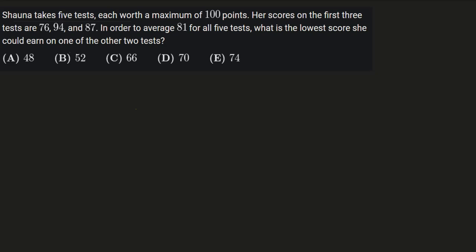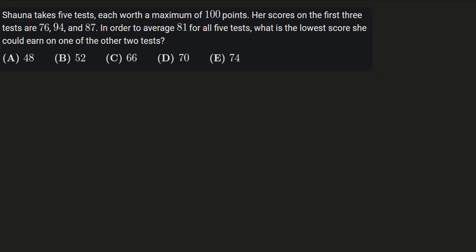The standard way sometimes can be a bit slower, but I still want to introduce it every time because in higher level tests like AMC8 and above, the standard way is normally more applicable than the general way because you will see larger numbers and more complicated cases. Therefore, you have to be used to this way that applies the definition of an average directly.